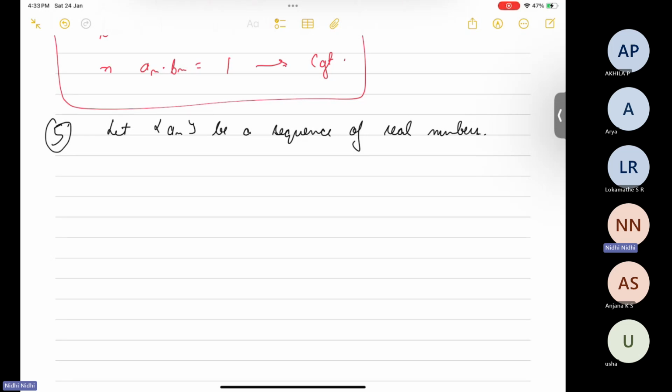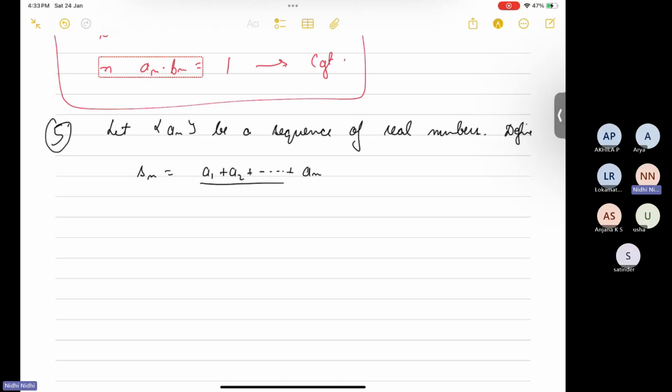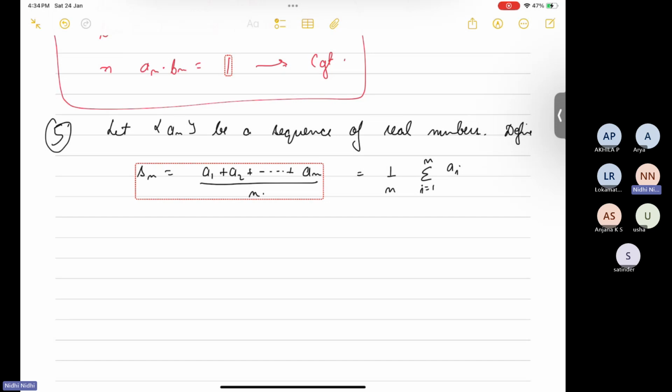Now define Sn to be a1 plus a2, and so on up till an, upon n. Using the sequence an, now we are defining another sequence Sn. So if I write it in the form of summation, I can write it as summation i from 1 to n ai, whole divided by n.